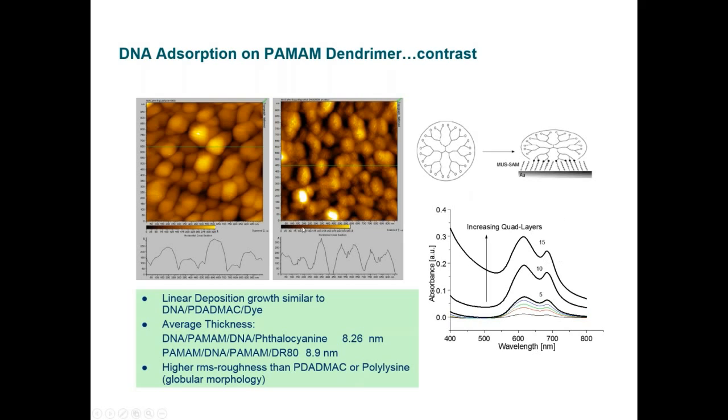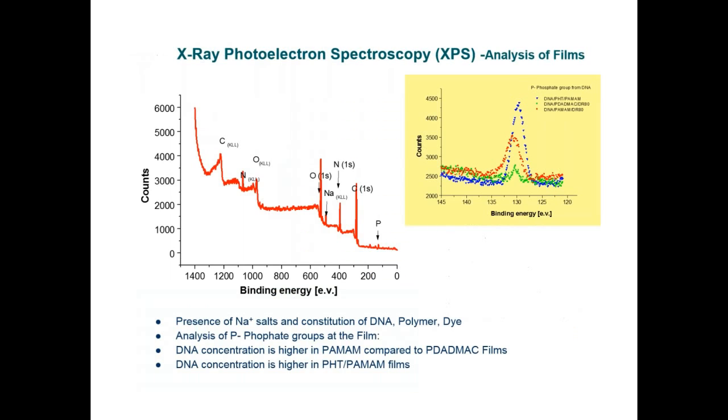So again, we monitored SPR. In this case, we also use a UV spectroscopy to monitor the additive effect of the number of layers. So from 5, 10, 15, we see an increase in absorption. And then to verify the presence of the DNA on the material itself, we turned to X-ray photoelectron spectroscopy.